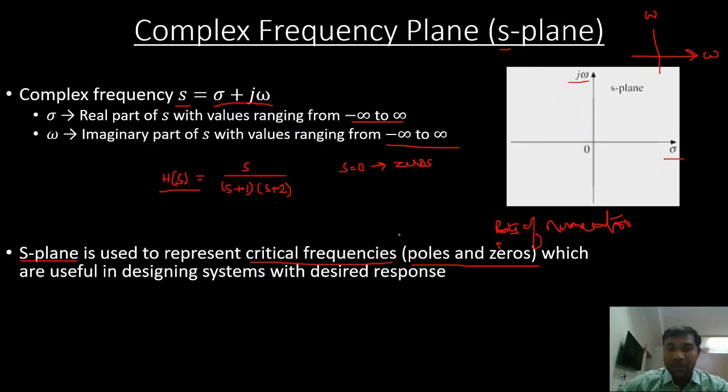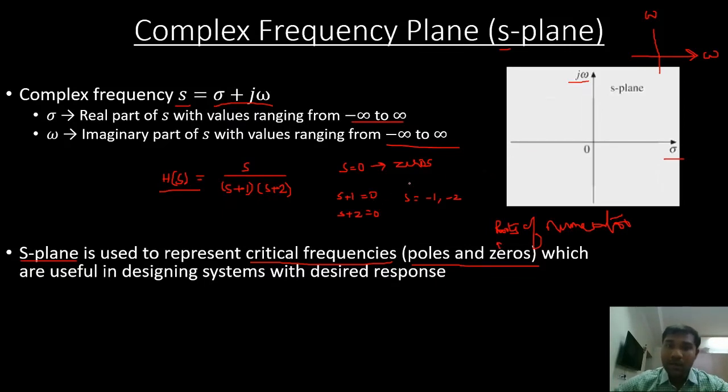Similarly, if I make my denominator 0, I will get my poles. Poles are nothing but roots of the denominator. So if I make my denominator 0, s plus 1 will be equal to 0, or s plus 2 equals 0. So my poles will be s equals -1 and s equals -2.